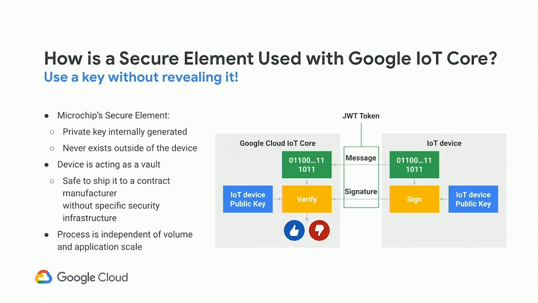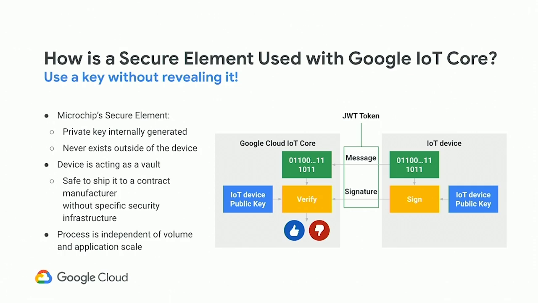Secure elements give you a good way to solve the first problem, because the private key never exists outside the device. These key pairs, private key and public key, are actually generated inside the device. So that means that nobody actually has access to it. You can extract a public key from it, but you will never find out the private key, right?